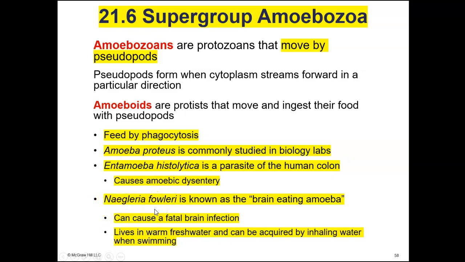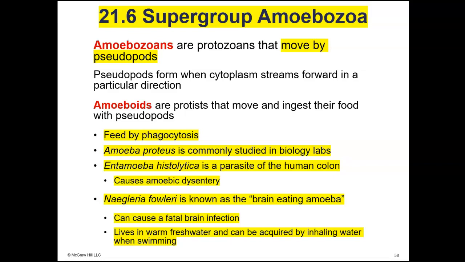Naegleria fowleri is known as the brain-eating amoeba. It can cause a fatal brain infection. It lives in warm fresh water, and it can be acquired by inhaling water when swimming. I know there may be some of you who have used something called a neti pot, if you have sinuses. You have to be very, very careful, because it literally looks like a little teapot, and you pour it into one nostril, and the water comes out the other nostril.